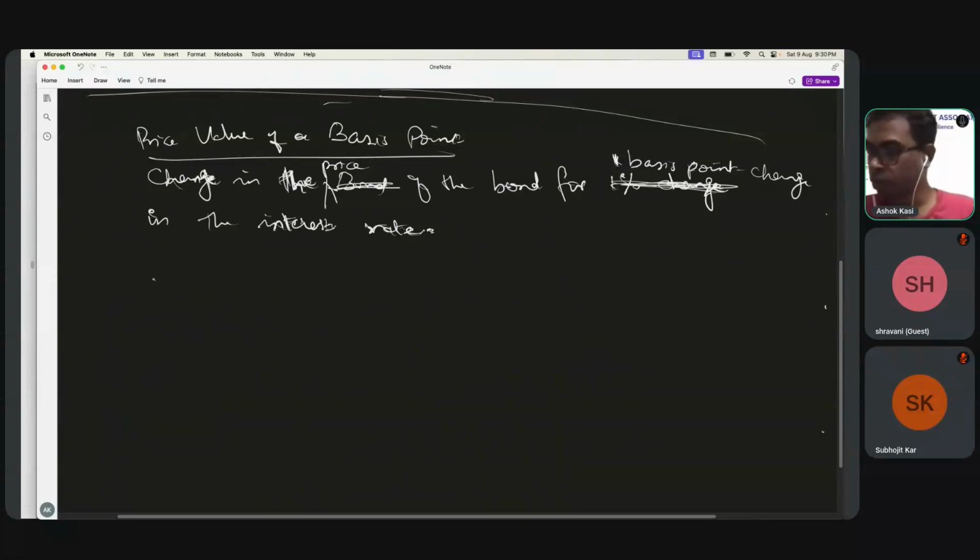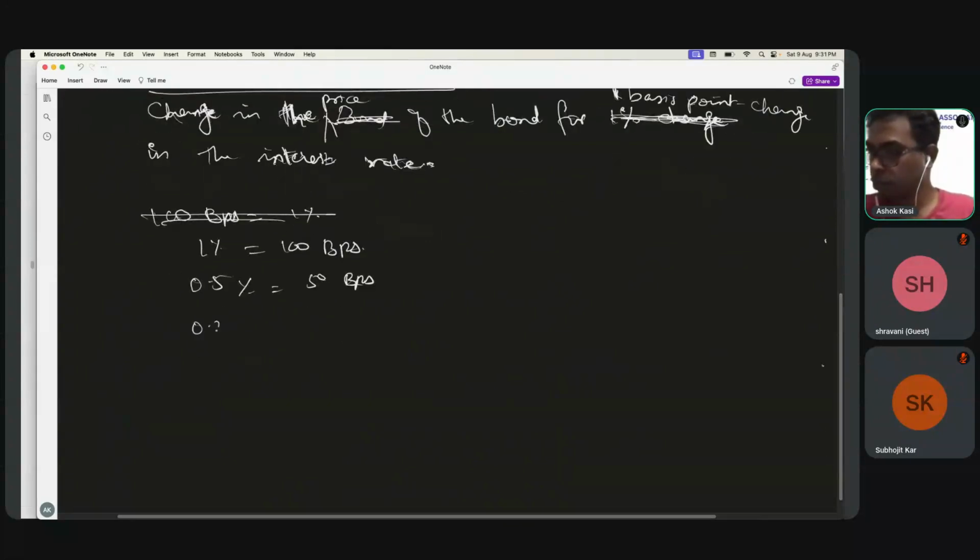1 basis point means what? See, when we say 100 basis points, it is 1%. Let me write like this: 1% is equal to 100 basis points. That 1 has been divided into 100 parts. So 0.5% means what? 50 basis points. 0.25% means what?